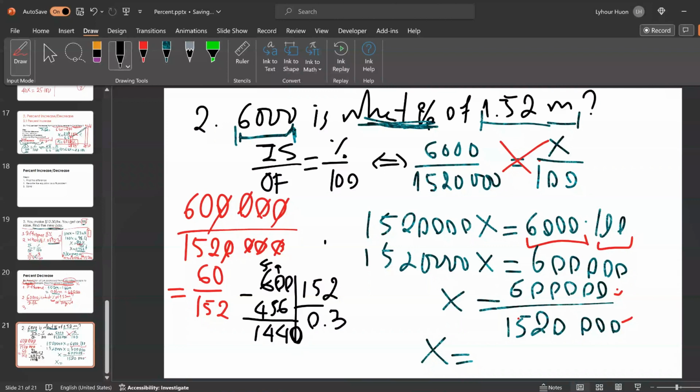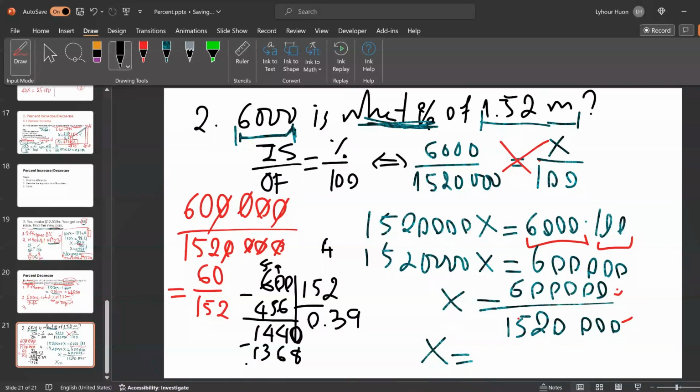That should be 9 times. 9 times 2 is 18, so 8 and we have 1. 9 times 5 is 45, plus 1 is 46. And then 9 times 1 is 9, plus 6 is 13. 1,368.